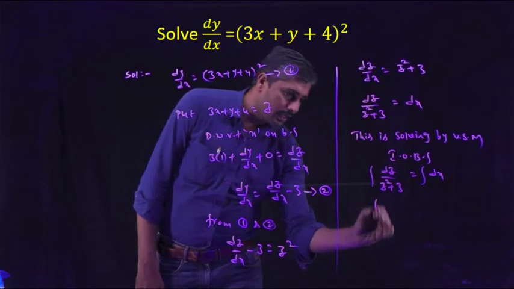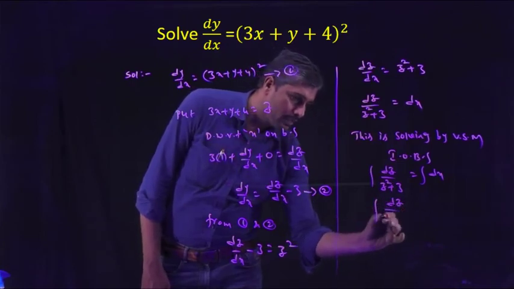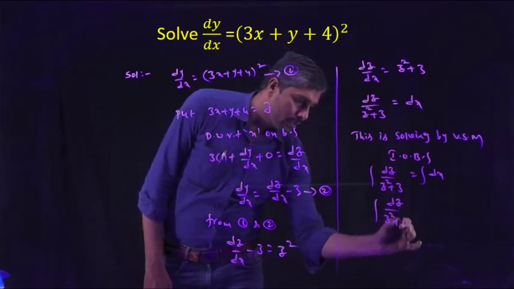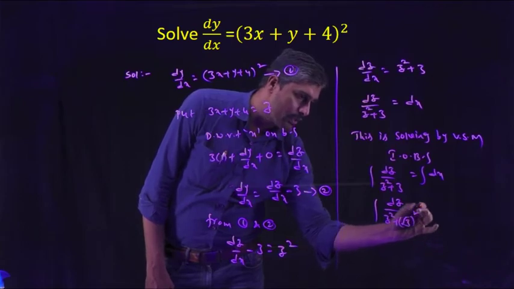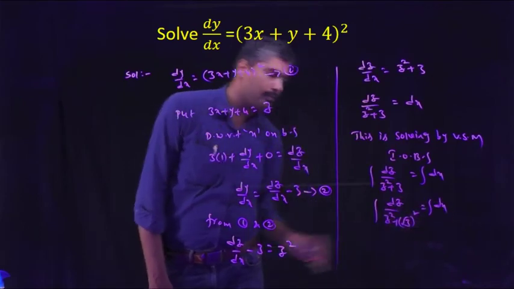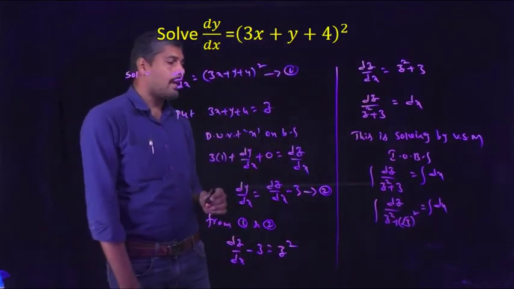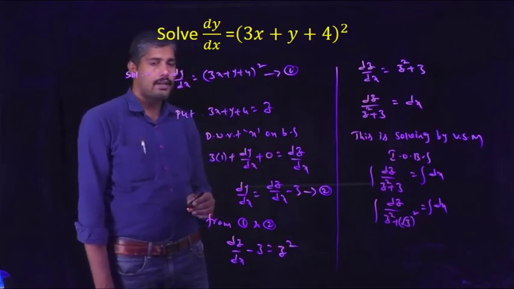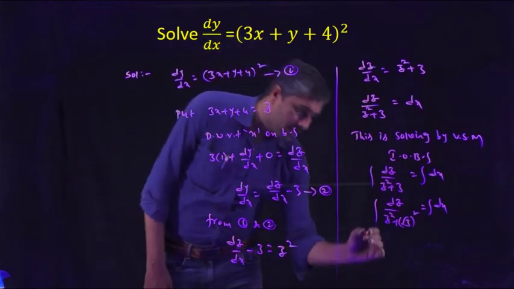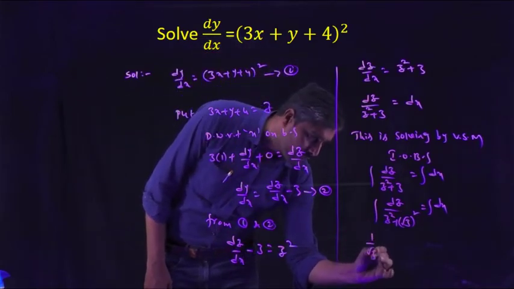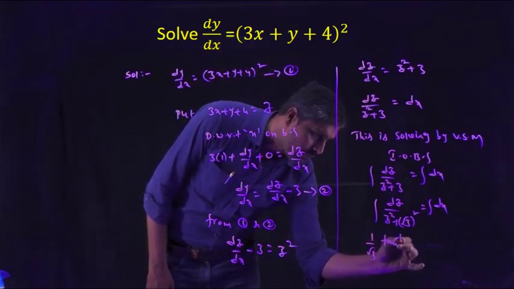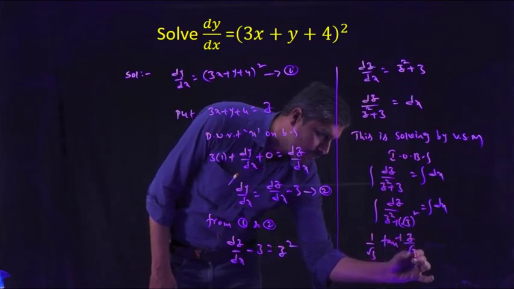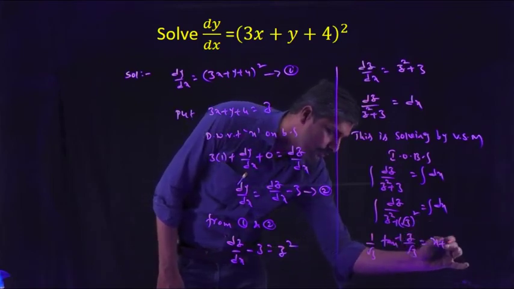We know that integral dz by (z square plus 3) can be written as integral dz by (root 3) whole square plus z square. We know the formula: integral 1 by (a square plus x square) equal to 1 by a into tan inverse of x by a. That is 1 by root 3 into tan inverse of z by root 3, that equals x plus c.